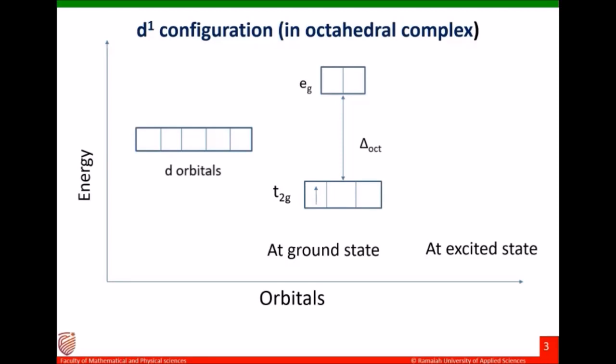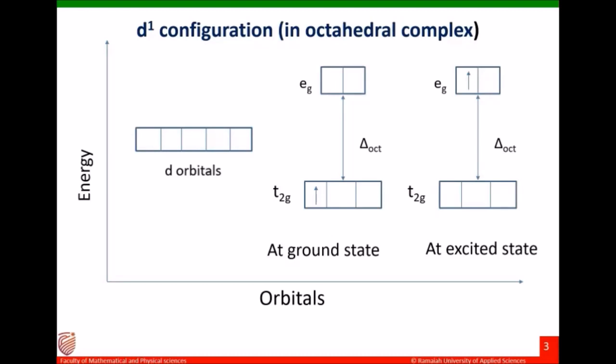But if you pass a light or a radiation through this complex, then this electron will absorb energy from the given radiation, and that energy will be utilized for the excitation of that electron from T2G to EG.